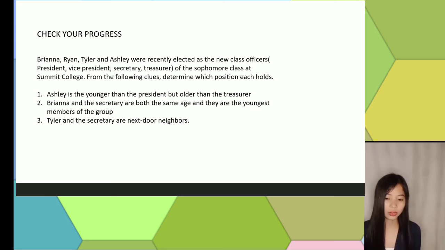Since si Sarah na nga yung chef, at si Maria naman hindi siya banker, hindi din siya dentist, at hindi din siya chef, so Maria must be the editor. And for clue number 4, the banker lives next door to Brian.